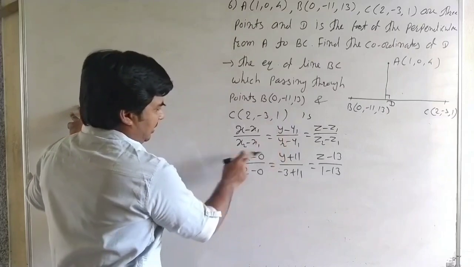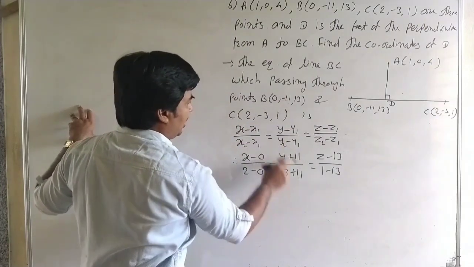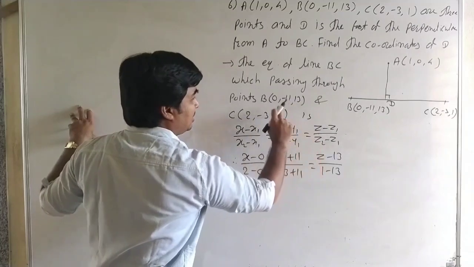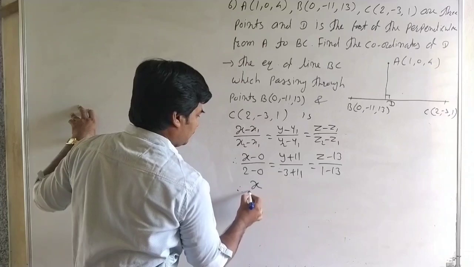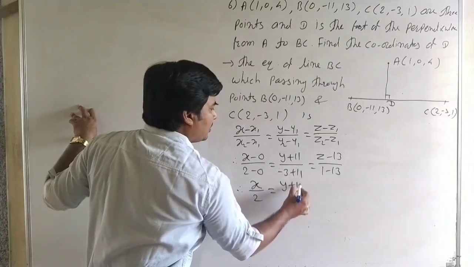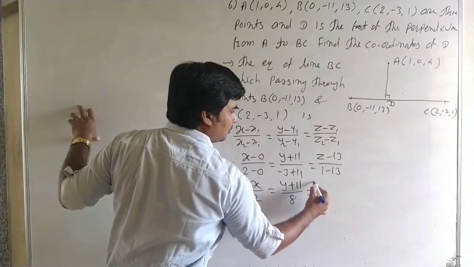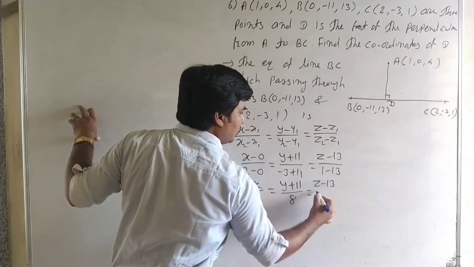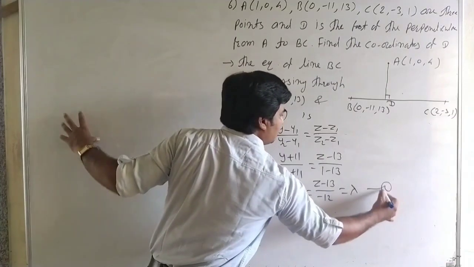So x upon 2 equal to (y plus 11) upon 8 equal to (z minus 13) upon minus 12 equal to lambda, which is equation number 1.